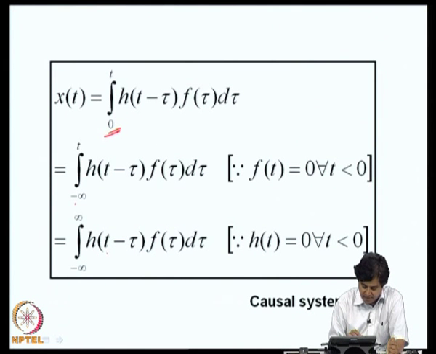That means it is the response of the system to an impulse which is likely to occur in the future. So, that would be 0. Such systems are known as causal systems, they will not respond till a load is applied. So, h of t will be 0 for negative t. We can therefore write 0 to t as minus infinity to plus infinity.